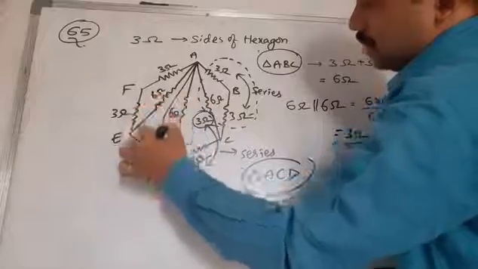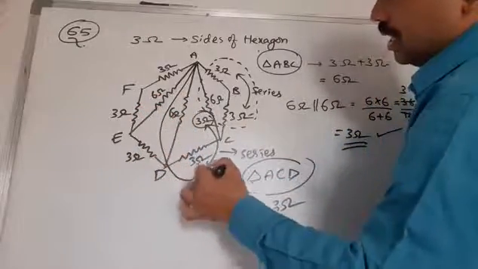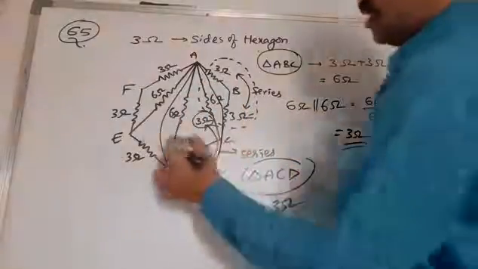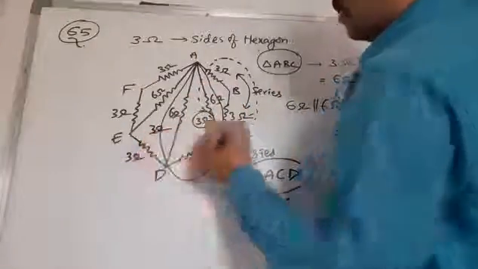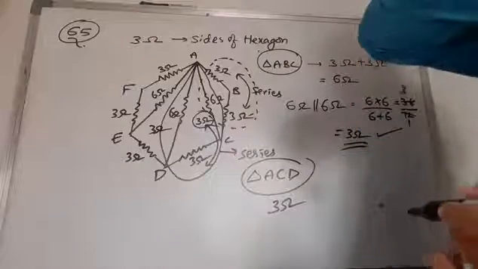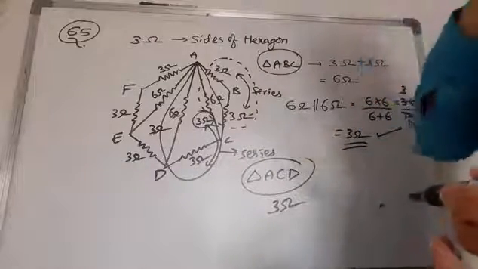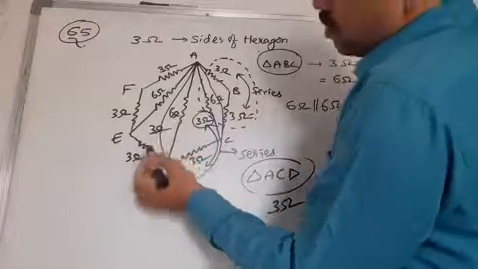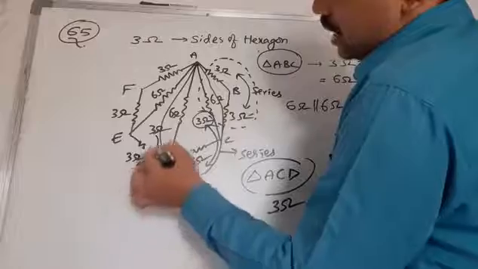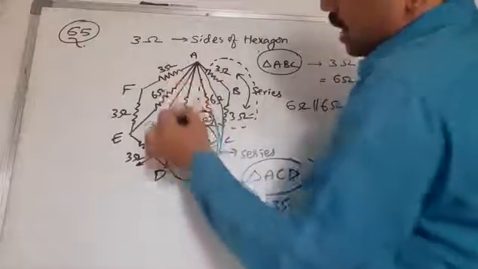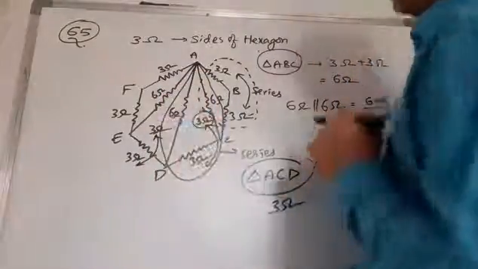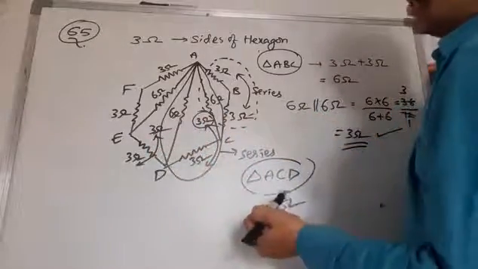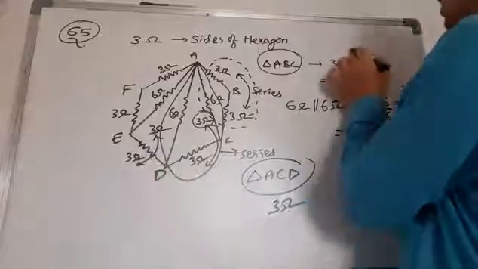In the place of this triangle ACD, you can write 3 ohms here again. Okay, right. So here again 3 ohms and 3 ohms are in series. 3 ohms and 3 ohms in series means what do we get? 6 ohms.